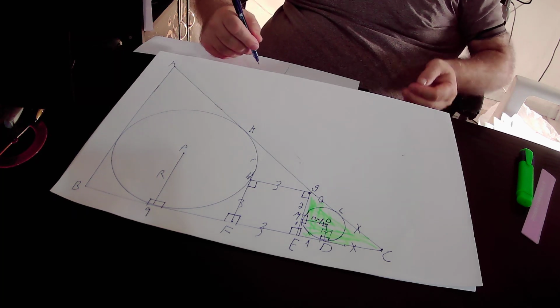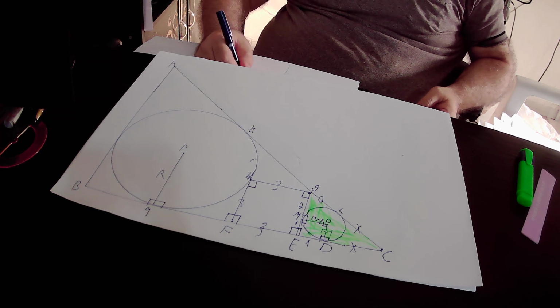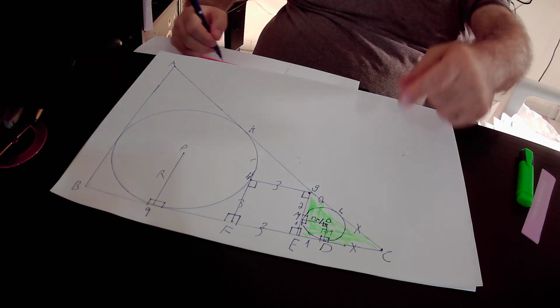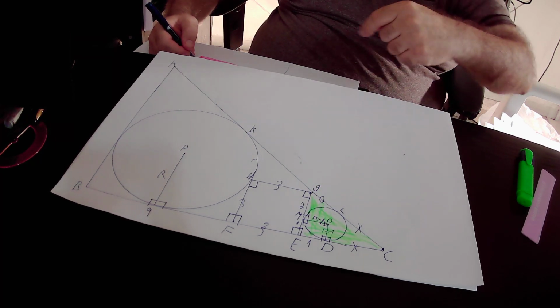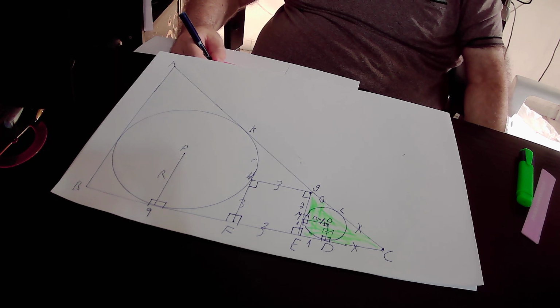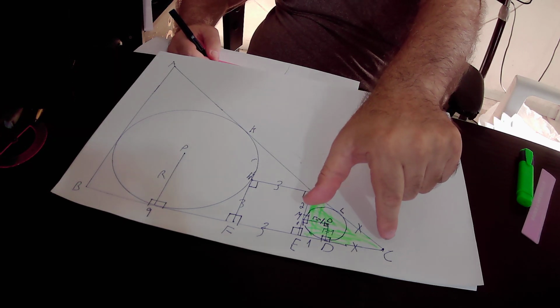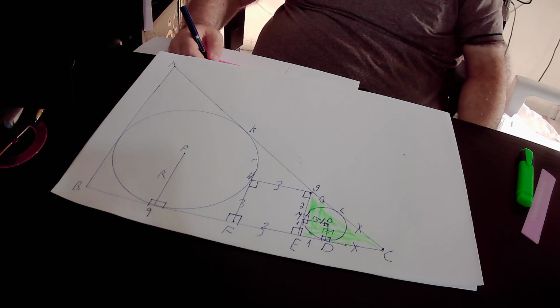Therefore, GC square equals (2 plus x) square. And it is equal to GE square. GE equals 2 plus 1, that is 3. And GE square is 3 squared, that is 9, plus EC square. What is the value of EC? EC equals 1 plus x, therefore EC square equals (1 plus x) square.